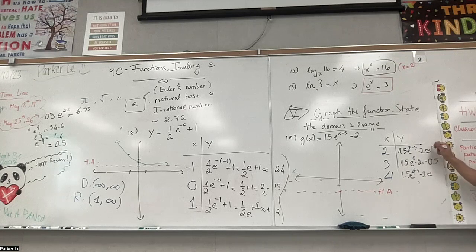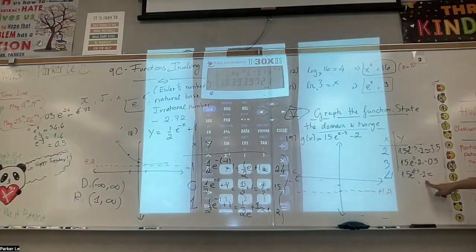All right, how about this? 1.5 times e to the 1, so just e minus 2. Minus 2, yeah. I got 2.07.